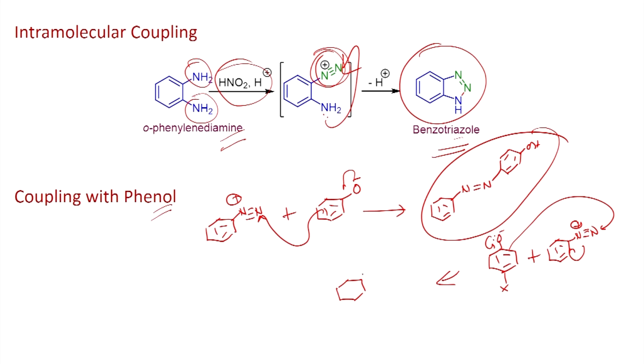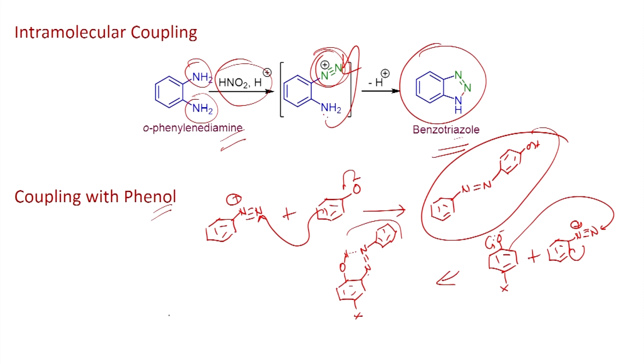Then you will be able to form, after workup, you will be able to get this. Once you form this one, this can exist like this. So this addition reaction can take place at the ortho position. You will be able to get this diazo compound.